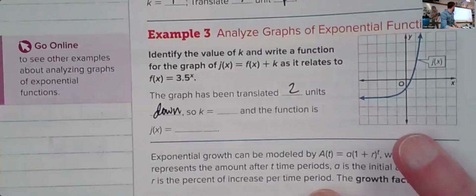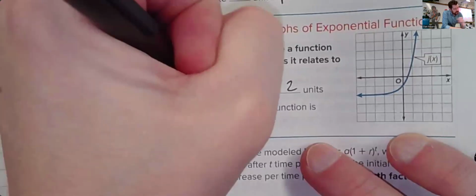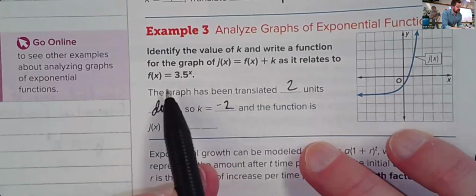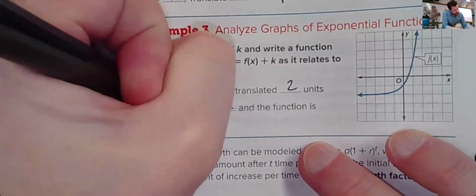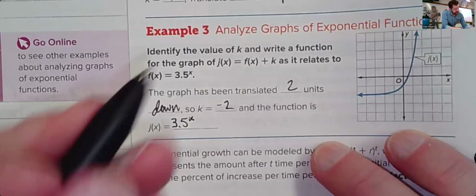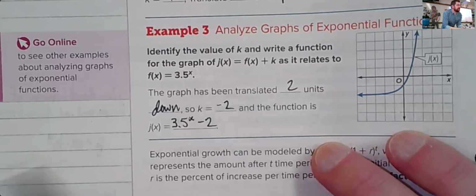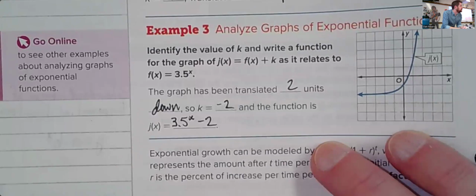So what does that make k equal to? -2. Which means the function is equal to f of x, which is 3.5 to the x power, plus k, and k is -2. That's it. It's just this function moved 2 down, so 3.5 to the x minus 2.